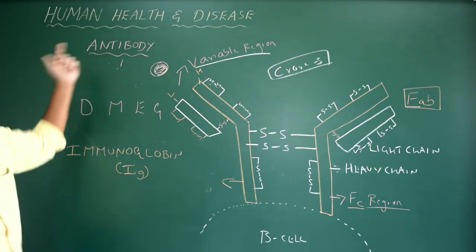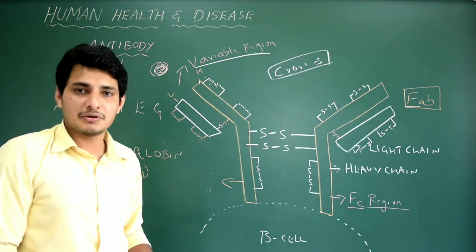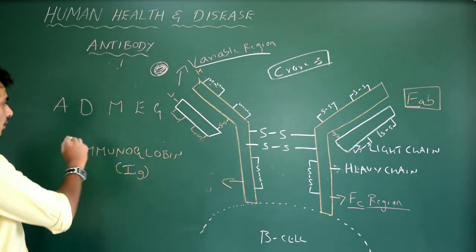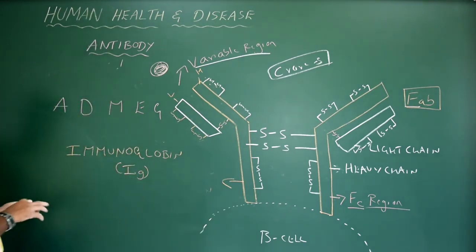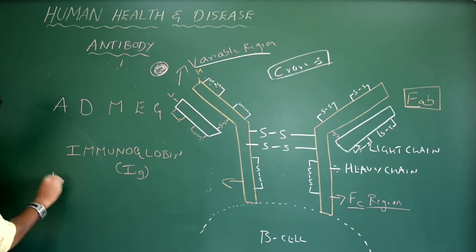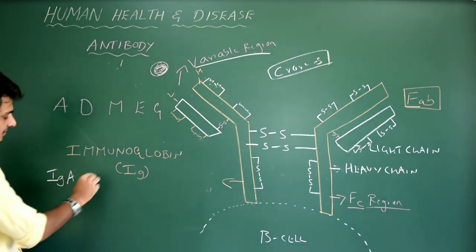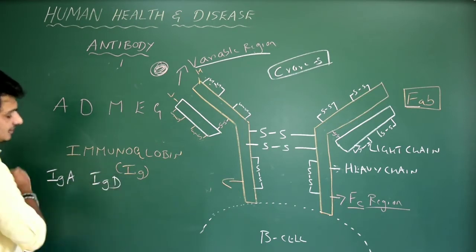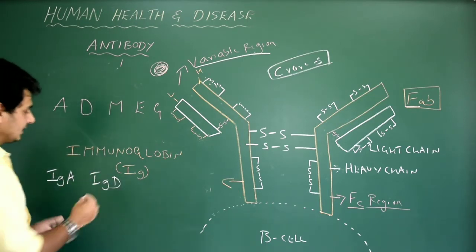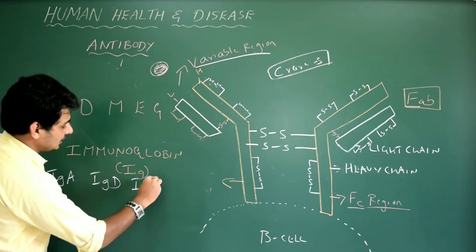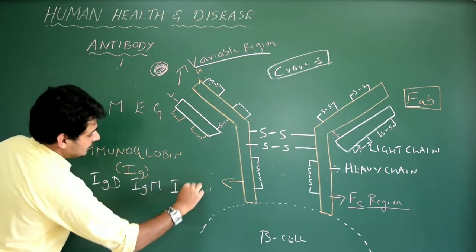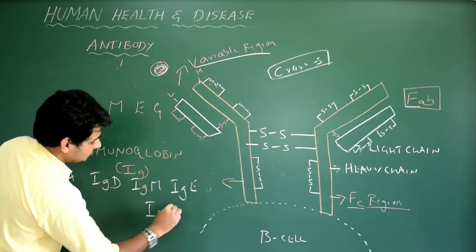If I say immunoglobulin, it is nothing but antibody. So note this one. ADMEG, I can also write as IgA, immunoglobulin A, that is antibody A. Another one is IgD, immunoglobulin D or antibody D. IgM, IgE, or IgG.